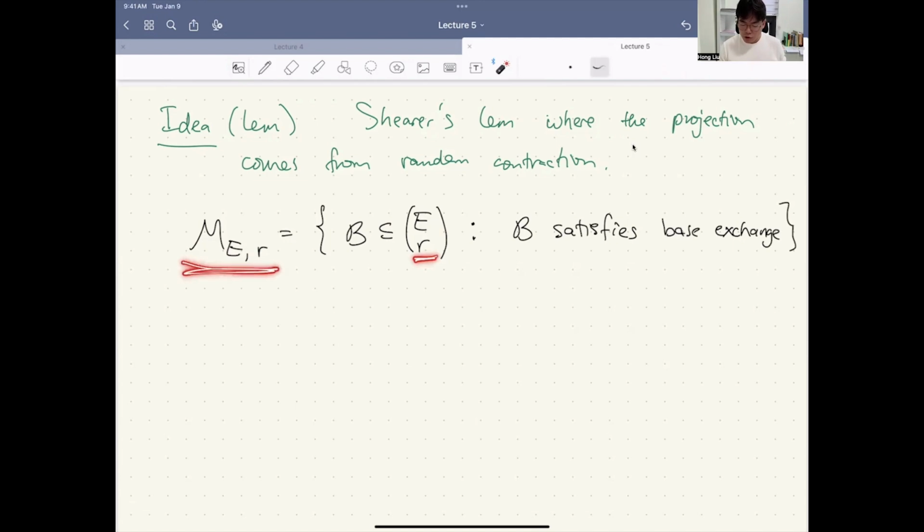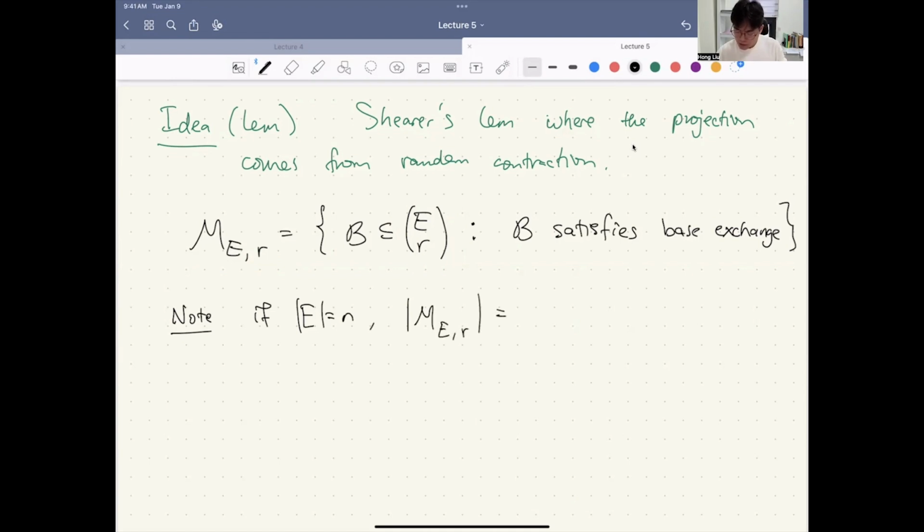It looks almost like the set of rank R matroids, except that here B could be the empty set. So the cardinality of this set is one more than the number of rank R matroids: the number of rank R matroids plus one, the empty set. If E is of size n, the ground set, then the size of this set is precisely the number of rank R matroids plus one.